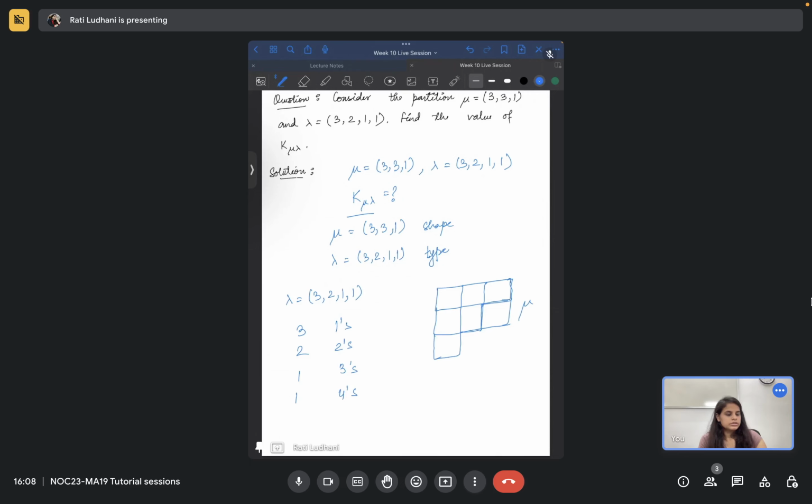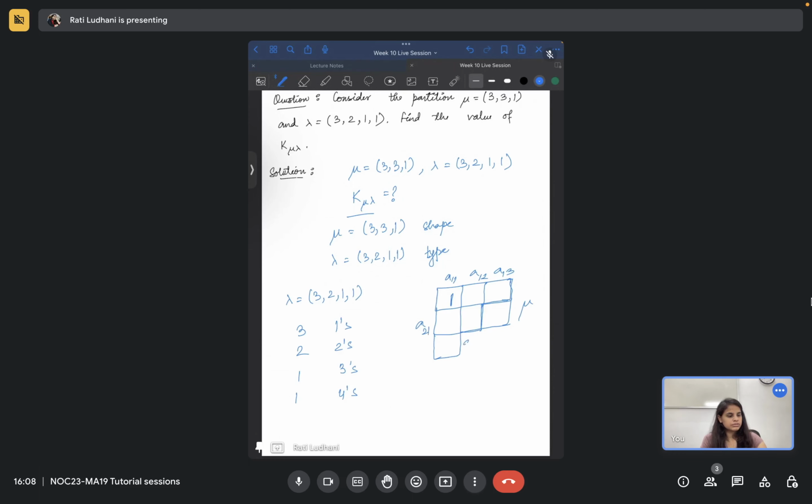Okay, so let's see. We have 3 ones. Again, you have to start with 1. If 1 exists, then it should be on the first block, definitely. So this is 1. Now again, where can you start? If I just say these are A11, the block name, A13, in the matrix form, I'm just writing what this is.